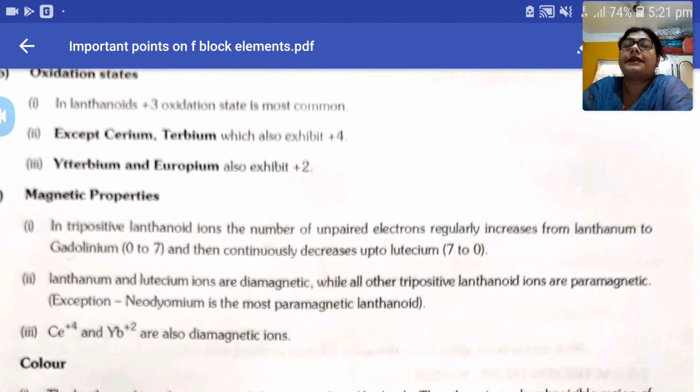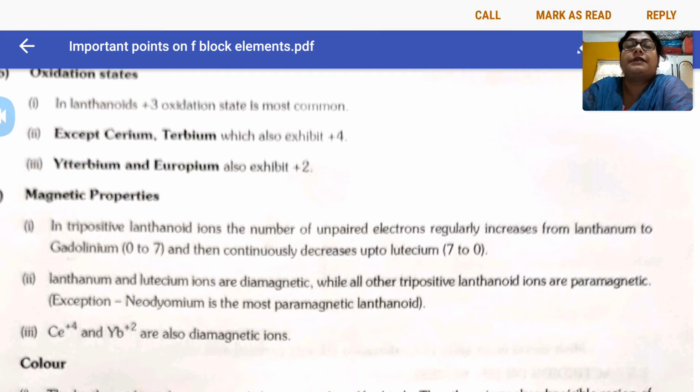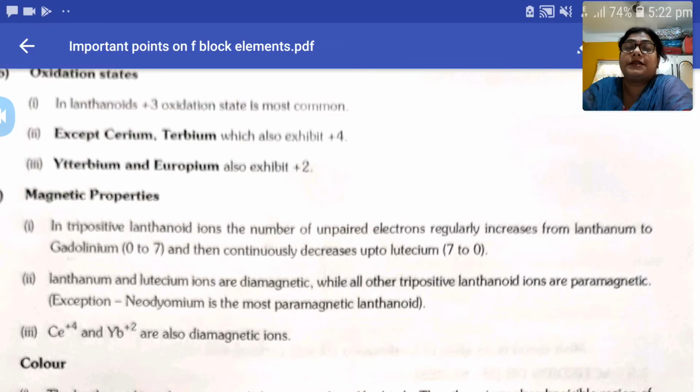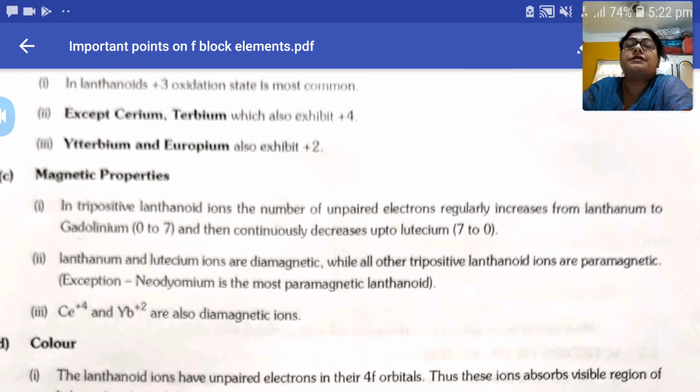Then let us see the magnetic properties. In tripositive lanthanoid ions, the number of unpaired electrons regularly increases from lanthanum to gadolinium, that is from 0 to 7, and then continuously decreases up to lutetium, that is from 7 to 0. Lanthanum and lutetium ions are diamagnetic, while all other tripositive lanthanoid ions are paramagnetic.